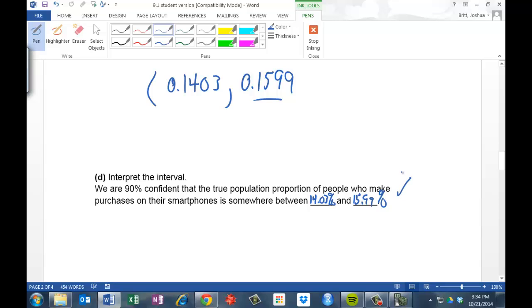And on the exams, I want you guys to be able to interpret exactly in this fashion here.